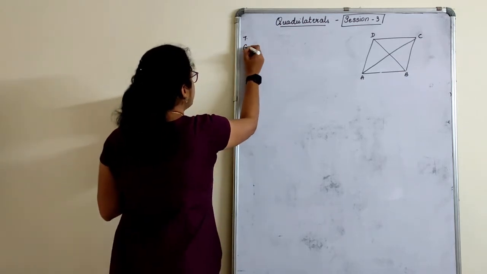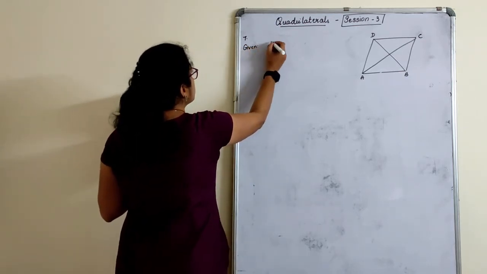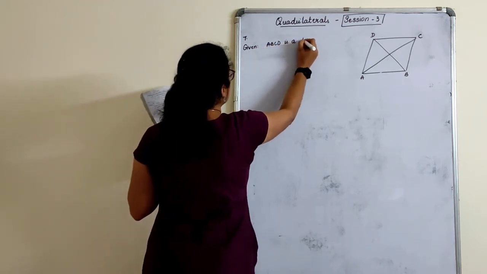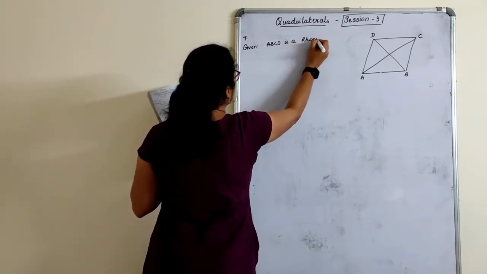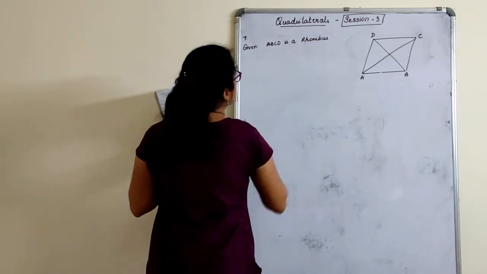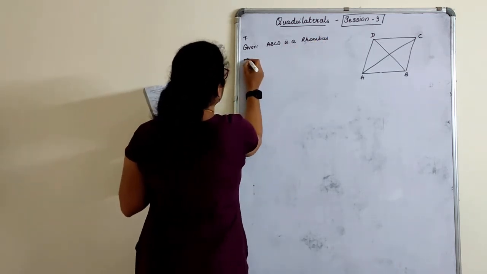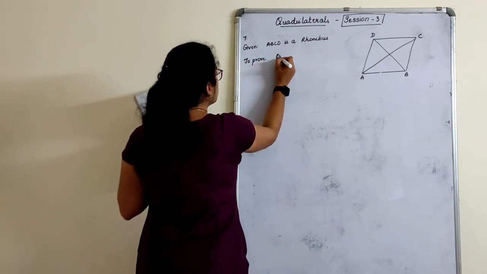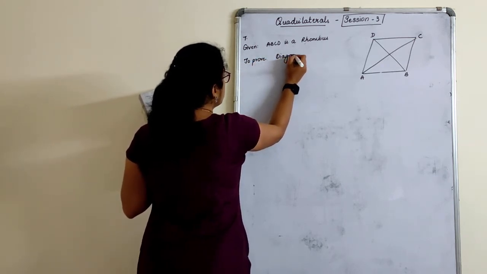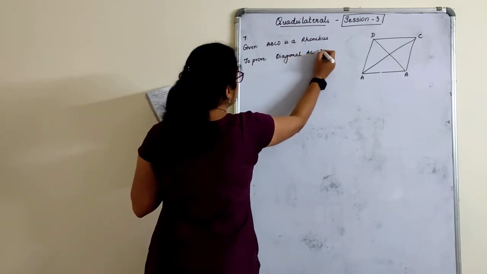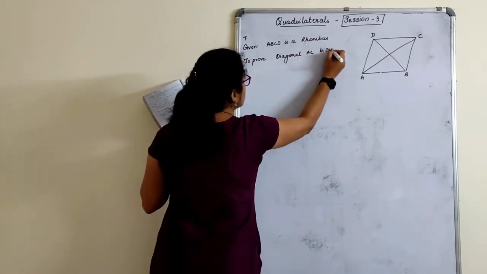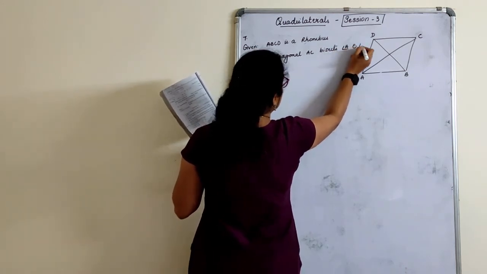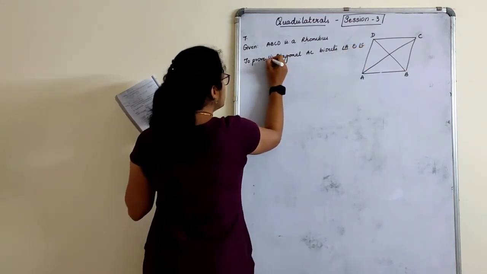So first of all, write given. ABCD is a rhombus. To prove: diagonal AC bisects angle A and angle C. This is the first one.